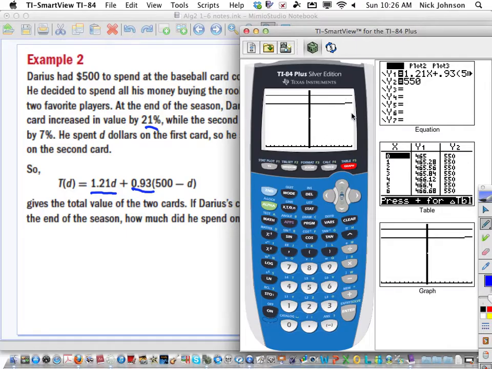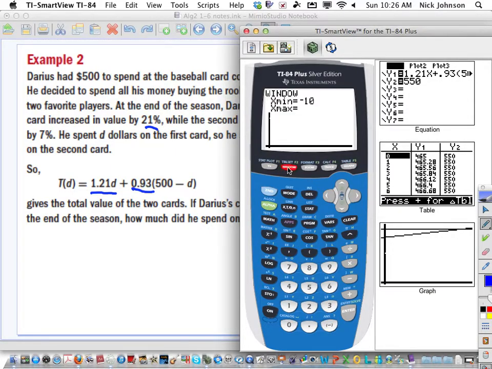So these two things are going to start to intersect. So I got to make my X values a little bit bigger, because they might go out to, one card could have cost $350, right? I don't know. I have no idea.